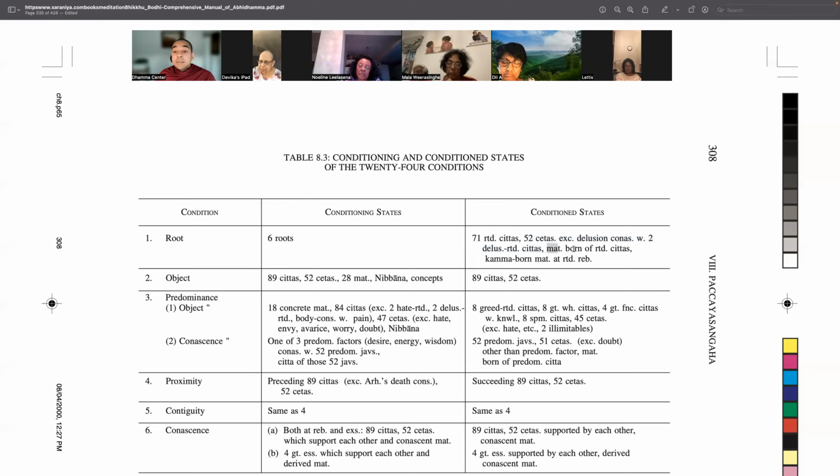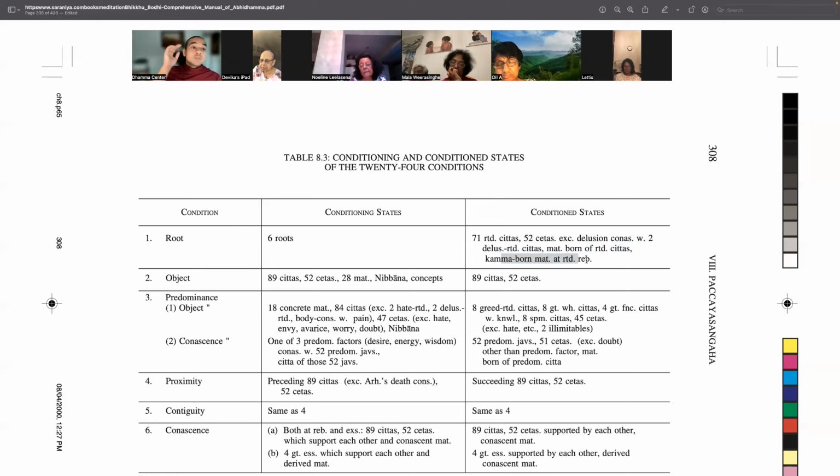Matter born of rooted chittas. What are the matters born of rooted chittas? Chittaja rupas, right? Matter born of rooted chittas, and karma born matter at rebirth. So we are taking two.